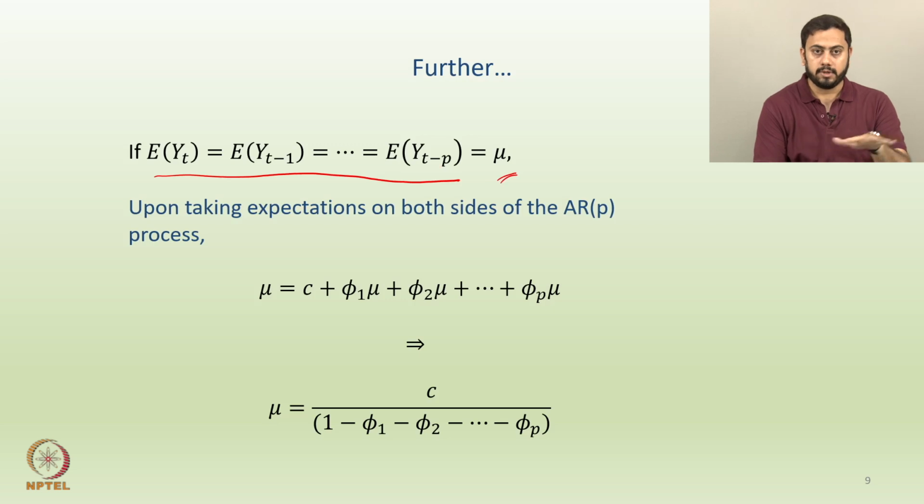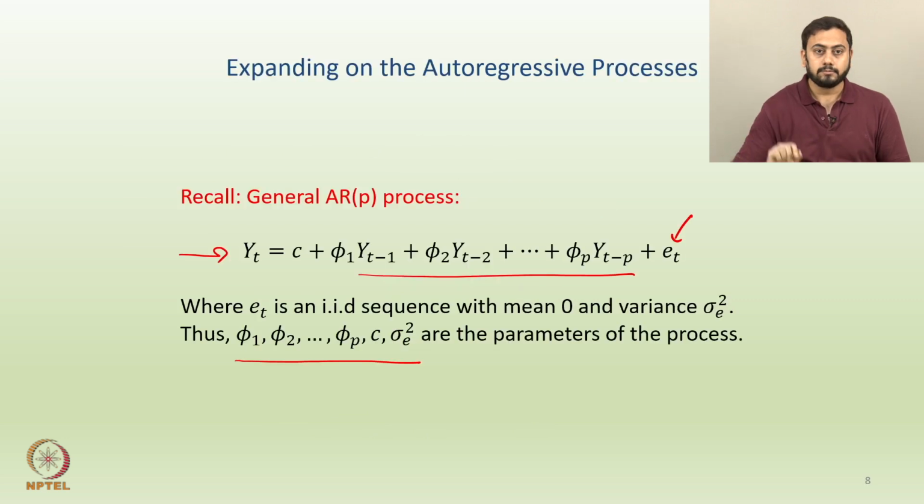The first line just tells you that you are assuming a constant mean throughout. Now, can somebody tell me what would happen if you take expectations on both sides of this AR(p) model?